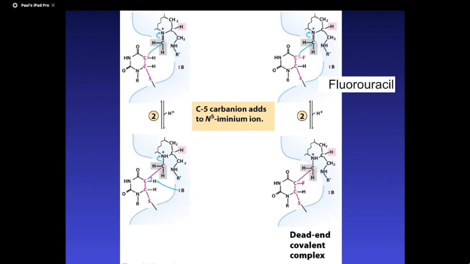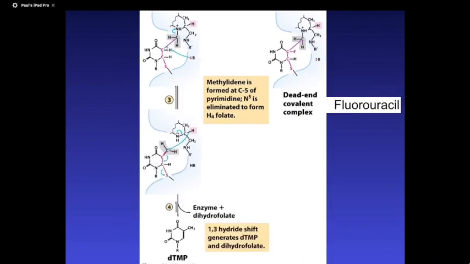Okay? And that's great. The next reaction is a base is going to deprotonate. This electron pair will create a double bond, and the carbon will be transferred to the ring structure.